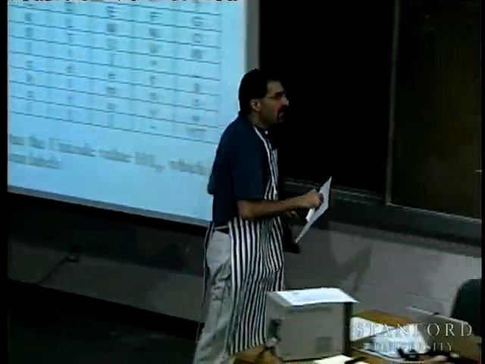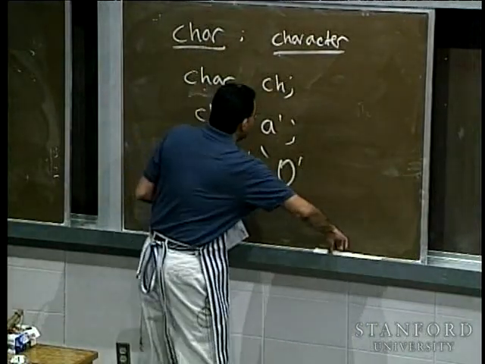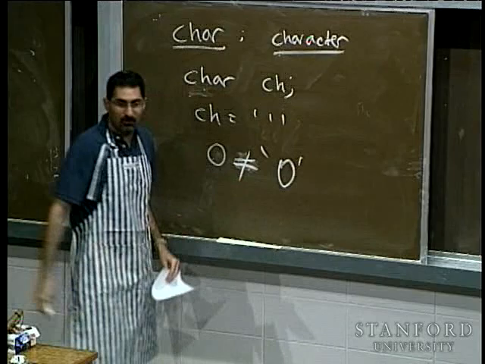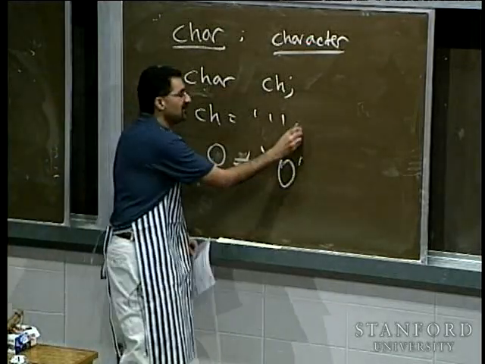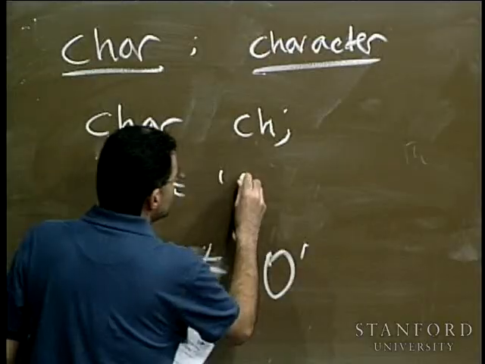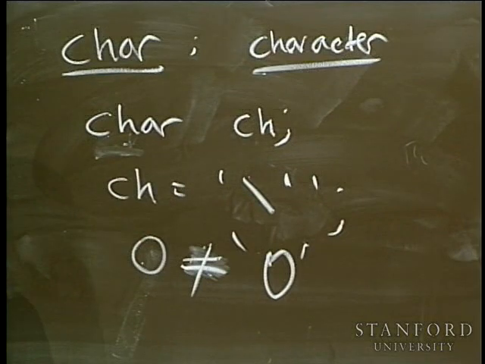You might wonder, hey, Mehran, how do I get a single quote? Because if I'm trying to put characters inside quotes, if I want little ch over here to be a single quote, do I write it like 3 quotes in a row? No. That will confuse the computer to no end. The way you actually do it is you put in a backslash and then a single quote and then another quote. And this is what's referred to as an escape character.